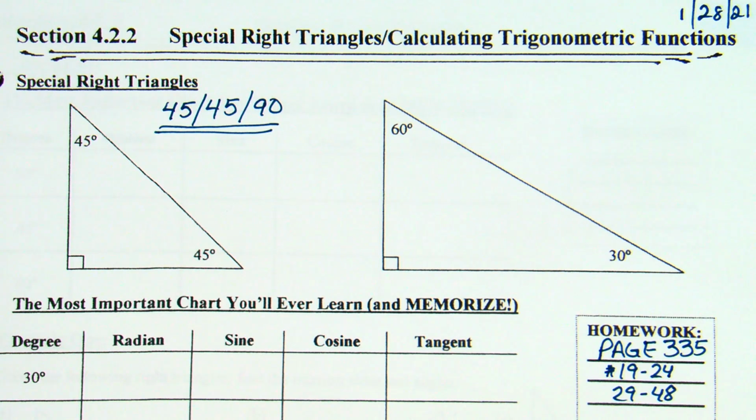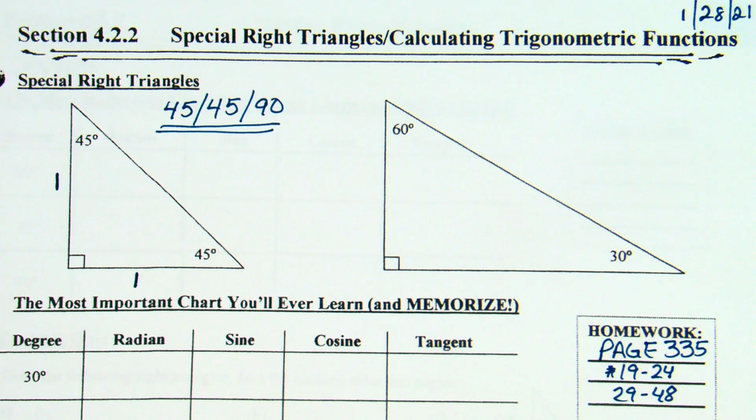How do we know the two legs are equal? The legs are opposite the same degree angles, yes? Since my two non-right angles are 45, that means the legs are equal. When we refer to this, I use 1 and 1 to notate the length of the legs. And the idea is that, yes, the legs are equal.